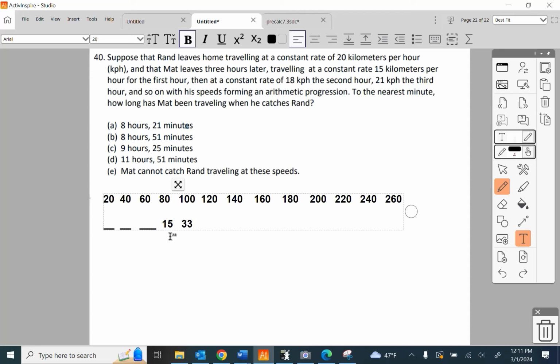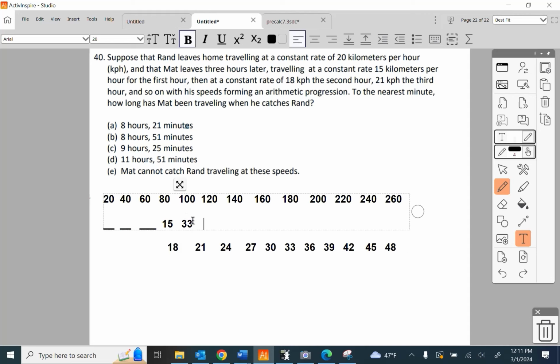And that's kind of where it gets tricky, because you got to think about what's actually going on here. There's an 18 in between. Now he's sped up to 21, he's sped up to 24, he's sped up to 27, he's sped up to 30, he's sped up to 33, he's sped up to 36, he's sped up to 39, he's sped up to 42, 45, 48, and so forth, because he's increasing at 3 kilometers per hour.